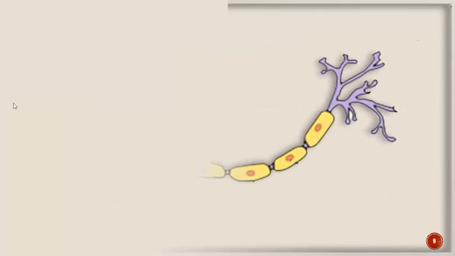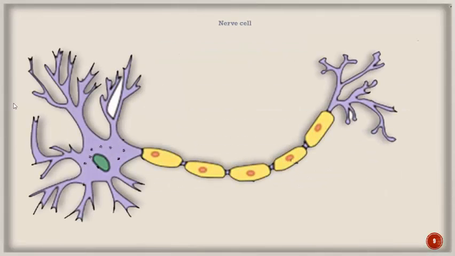The structure of the nerve cell, as you can see in the drawing. The first part of the nerve cell is the cell body. As in all cells, it is surrounded by a cell membrane and contains the very important nucleus.